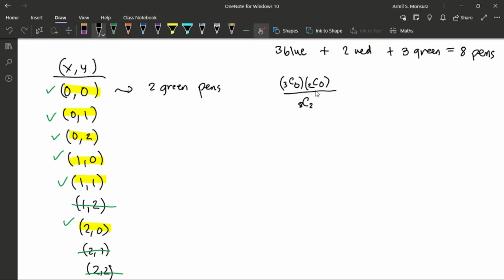Okay, so again, that means the number of ways that we have to select 0 red pens out of the 2. Okay, and then multiply that with the number of ways that we have to select green pens out of the 3 green pens that we have. So in this case, we will be selecting 2 green pens.